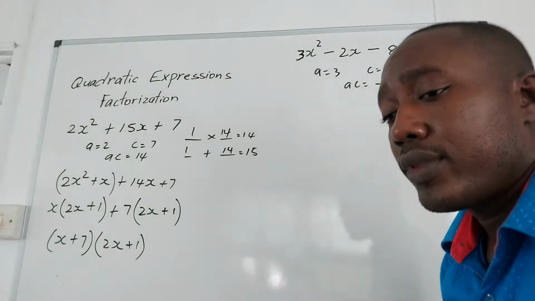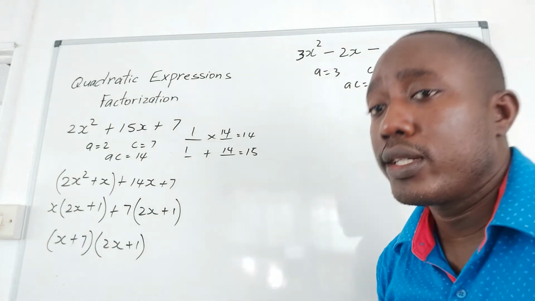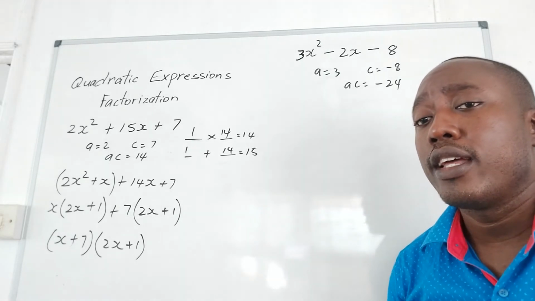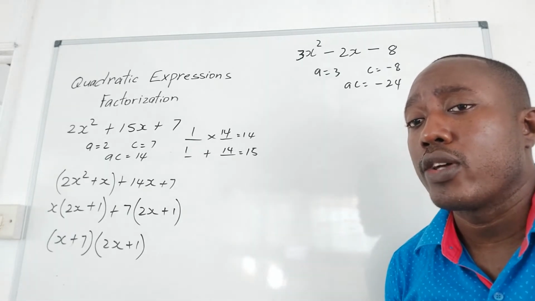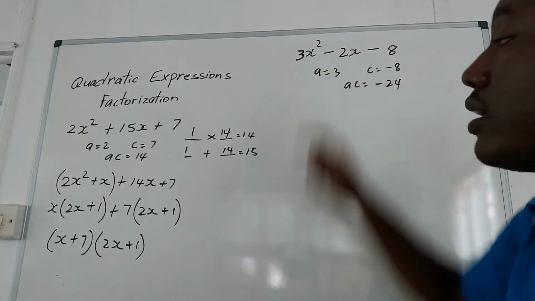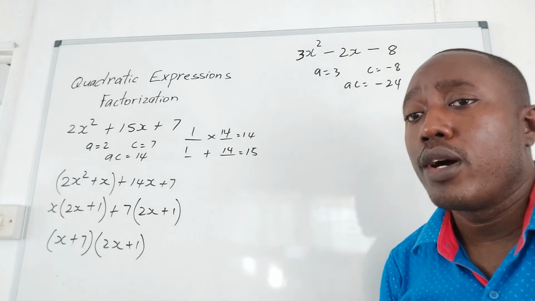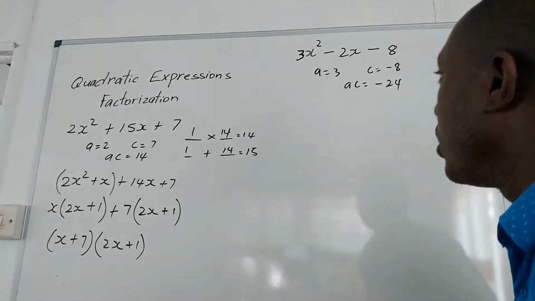Now remember, if we're to multiply two numbers to get negative 24, one number must be negative and the other must be positive. And if b is negative, the larger number we use must be a negative number.